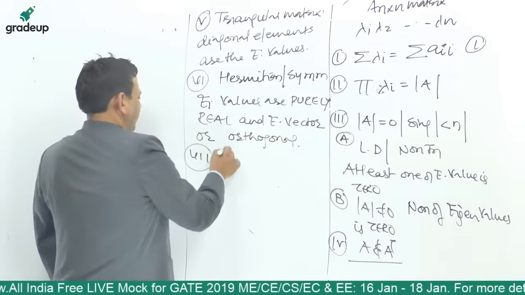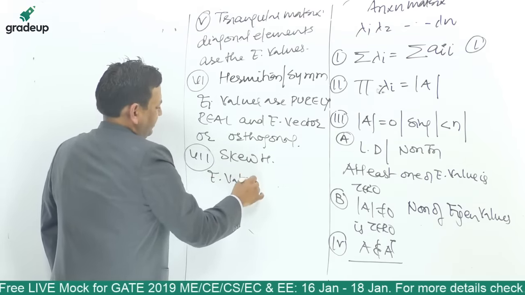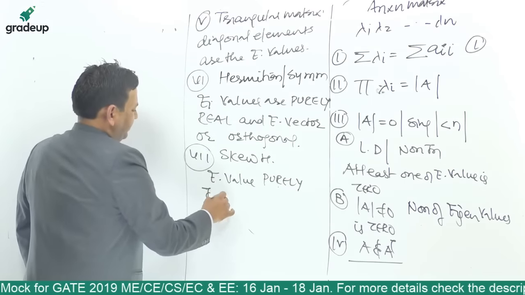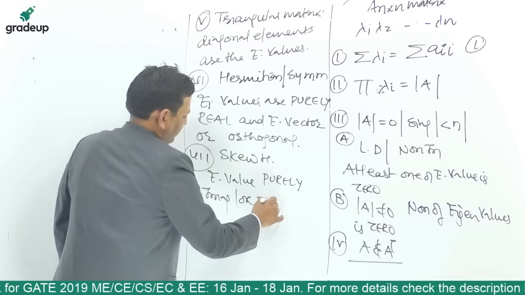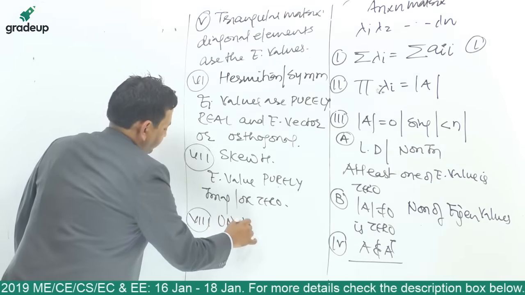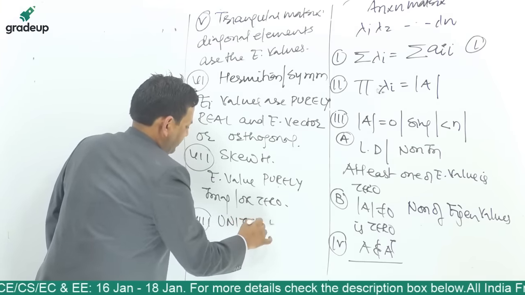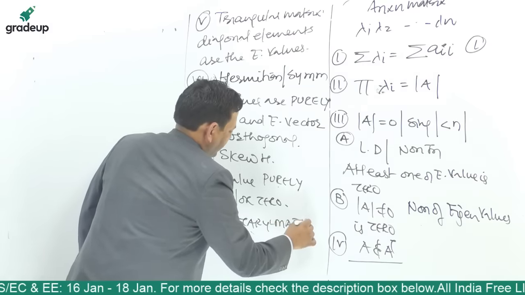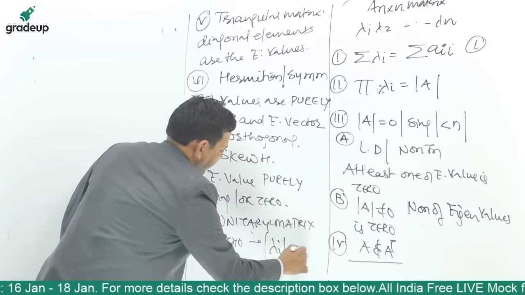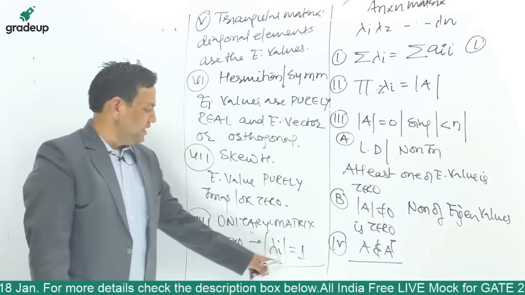Similarly, for a skew Hermitian matrix, eigenvalues are purely imaginary or 0. Now, for a unitary matrix or orthogonal matrix, eigenvalues are of unit modulus. So if it is real, they are plus or minus 1. If they are imaginary, they have unit modulus.